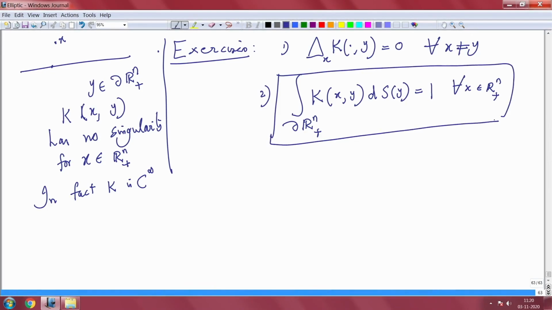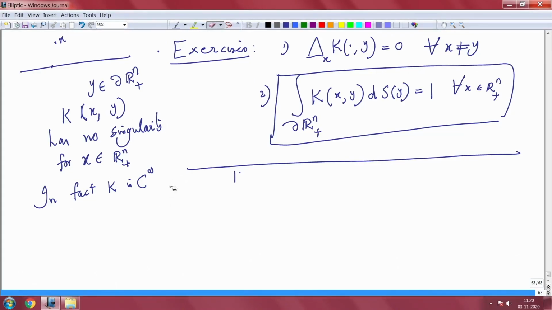And another thing which you have to understand: k is C infinity for y on the boundary of R^n plus. Understand this kernel very nicely.